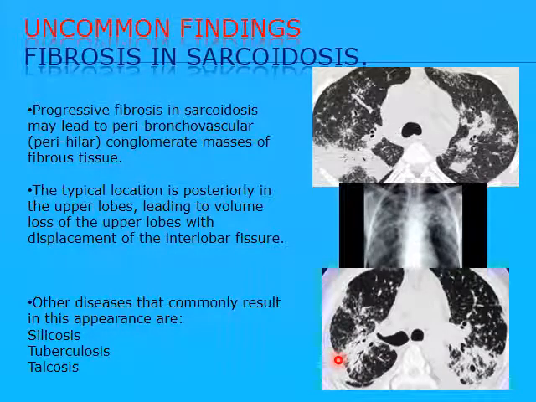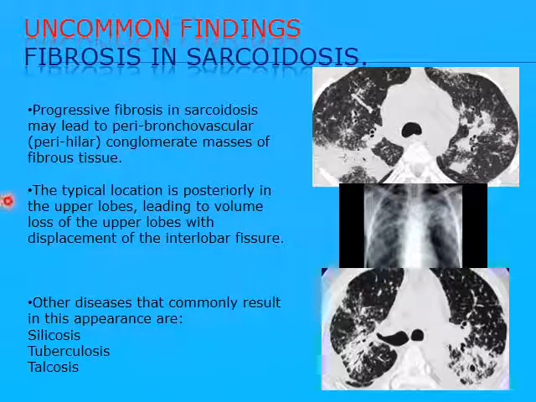There are some uncommon findings in sarcoidosis, under the name of fibrosis in sarcoidosis, an entity known as progressive fibrosis, which may lead to peribronchovascular, perihilar conglomerate masses of fibrous tissue.